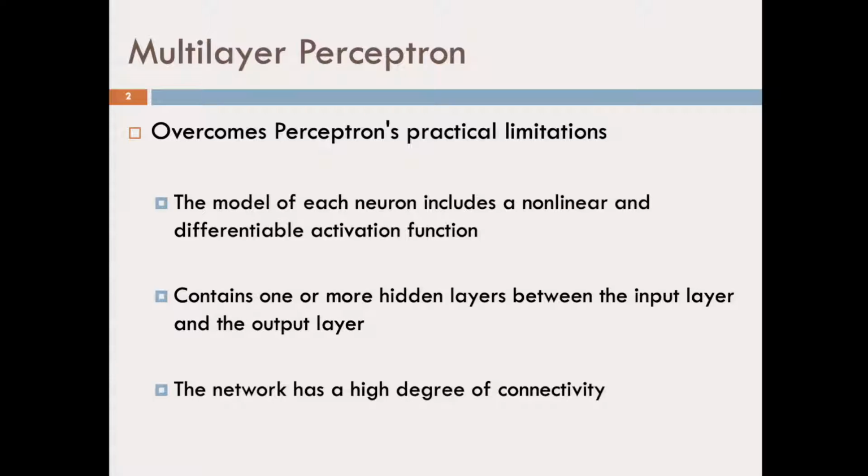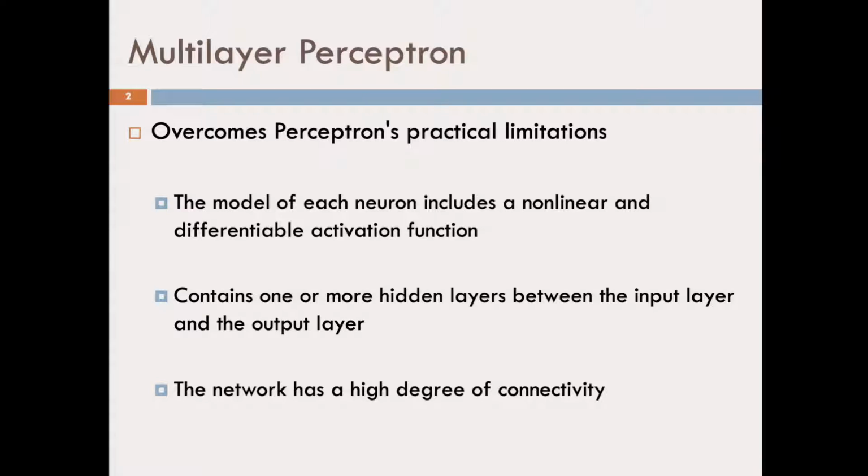So the multi-layer perceptron was constructed to overcome the perceptron's practical limitations. I just gave you an example of a practical limitation. Now the model of each neuron includes a nonlinear and differentiable activation function. So we have a function where we can compute the derivative, and it has to be a nonlinear function.